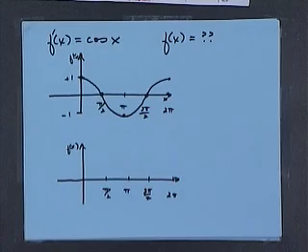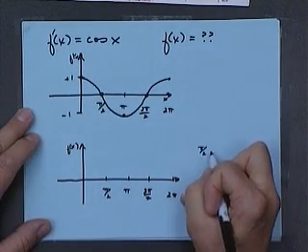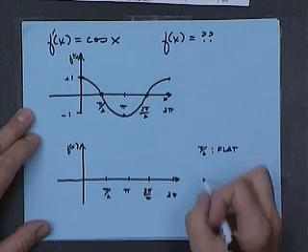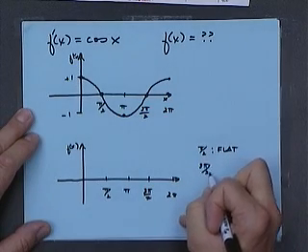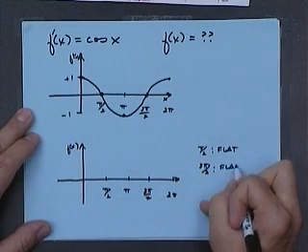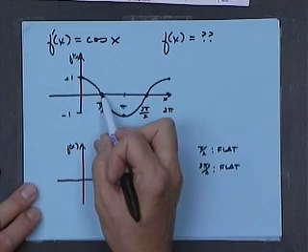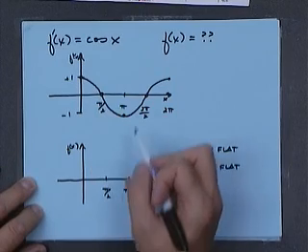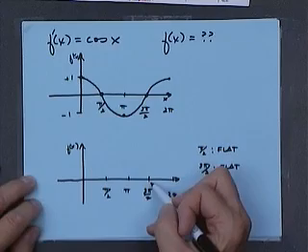It's flat. So we know that this graph is flat at pi over 2 and flat at 3 pi over 2. Everybody okay with that? Derivative is 0, means that this curve is flat. I'm not going to start plotting points yet.